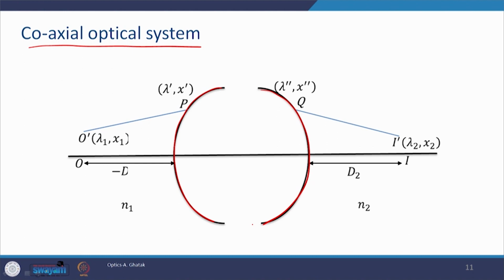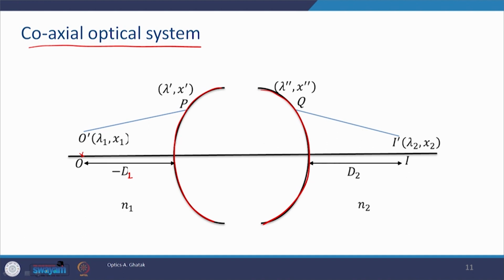Now here we will see what help we can get out of the matrix method. What are the given quantities here? There is an object O which is situated here, and this object O is at a distance d1 from the left refracting surface of the optical system.